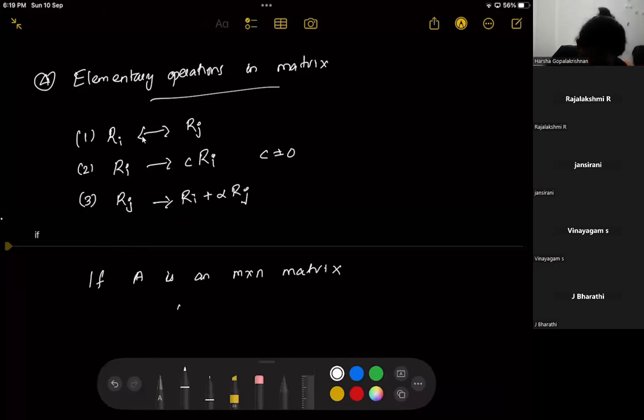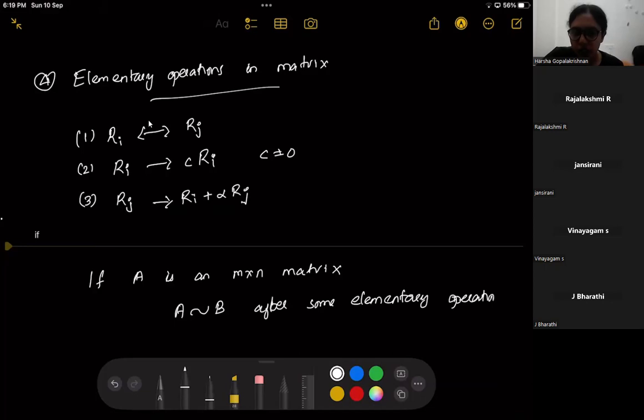What we obtain is B after some elementary operations. So after doing some elementary operations, we can make A into a simpler form. Call it B. Whatever we get after any elementary operations, we call it B. In this case, we have a result: rank of A equals rank of B. This is the importance of elementary operations.